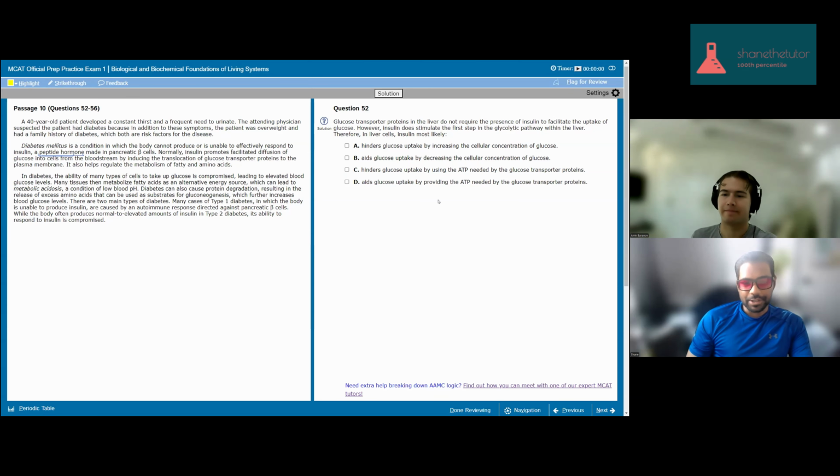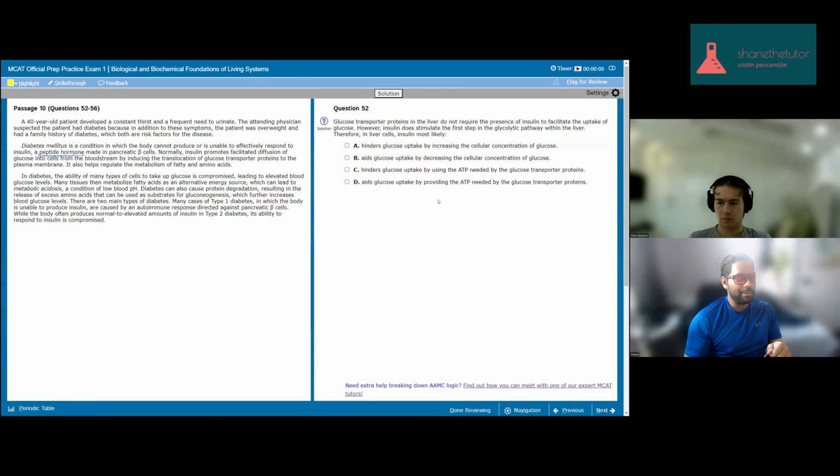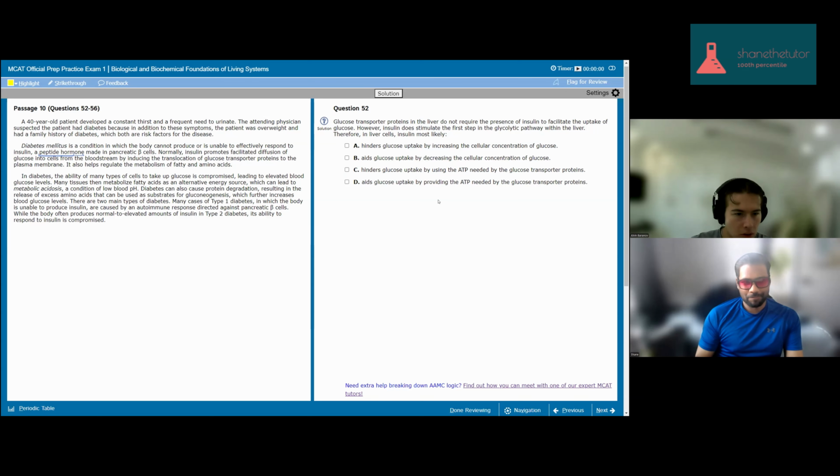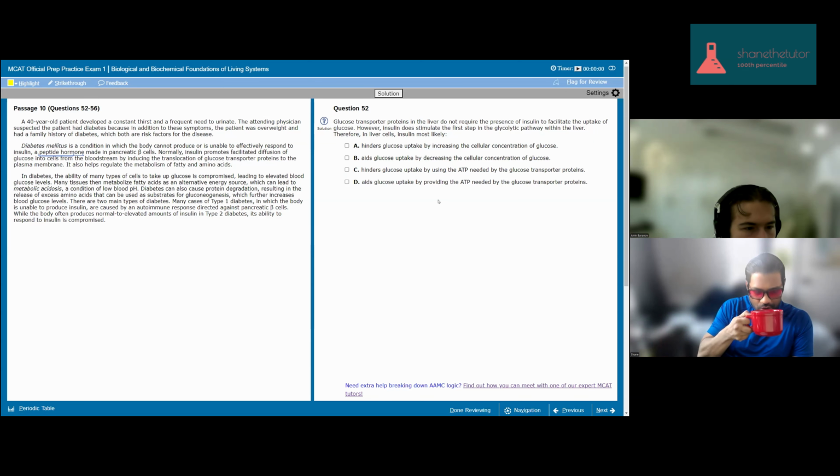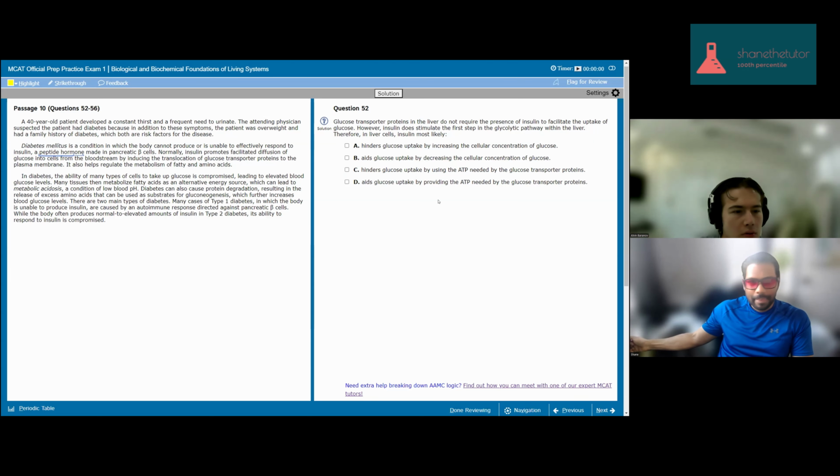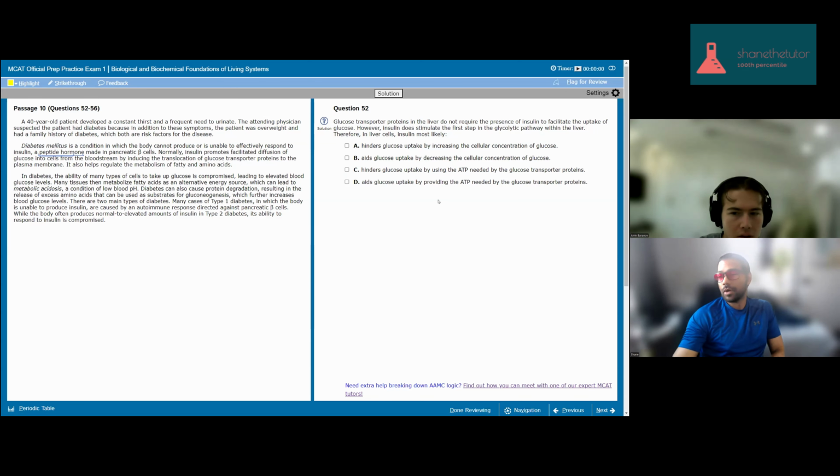So there are two that we can eliminate right away based on passage information. C and D. Yeah, why?